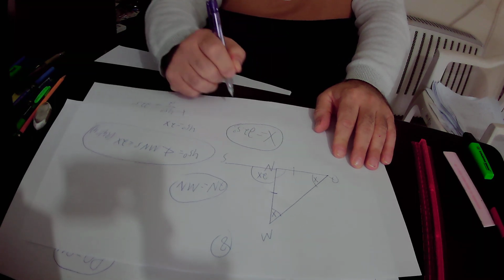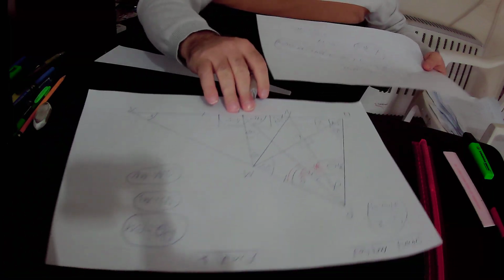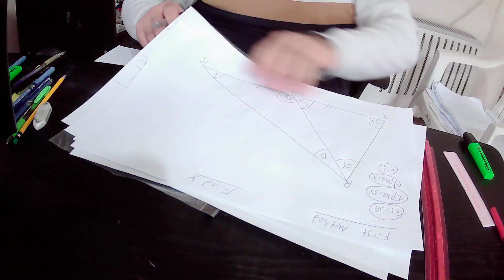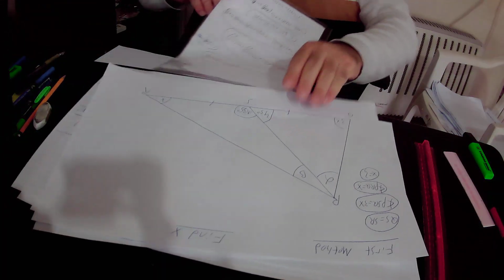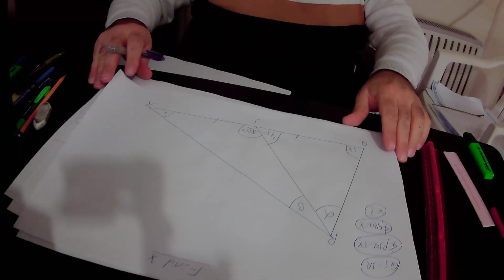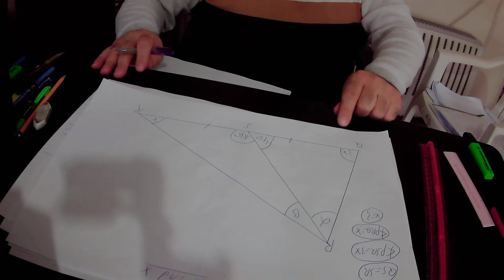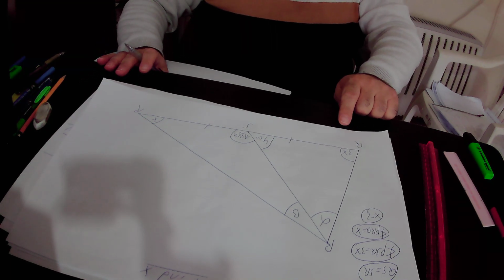Okay, so now I will summarize the lecture. We found the value of angle x in two different methods. In the first method, we have triangle PQR.